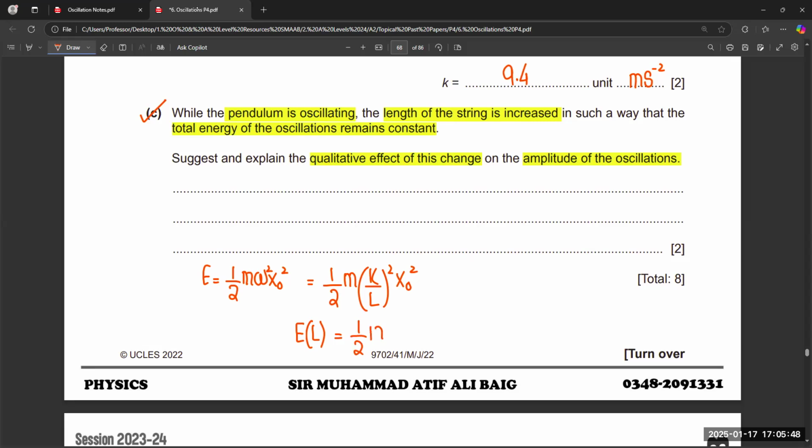So it means amplitude also increases according to this equation, right?